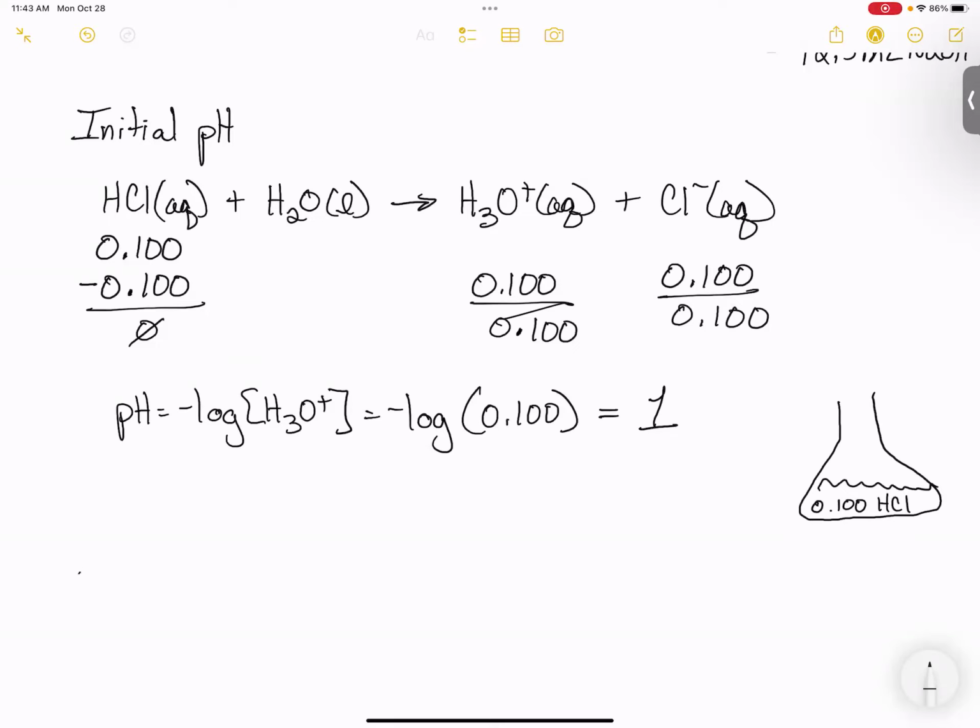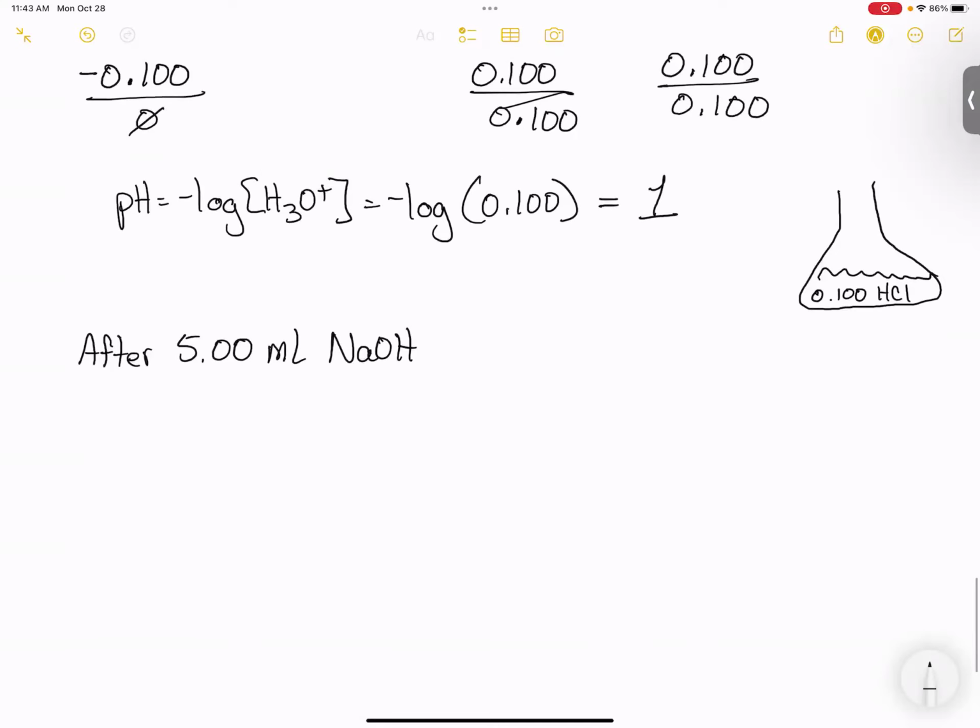Now, after 5 milliliters of base, at this point, you're going to have to do a dilution calculation.